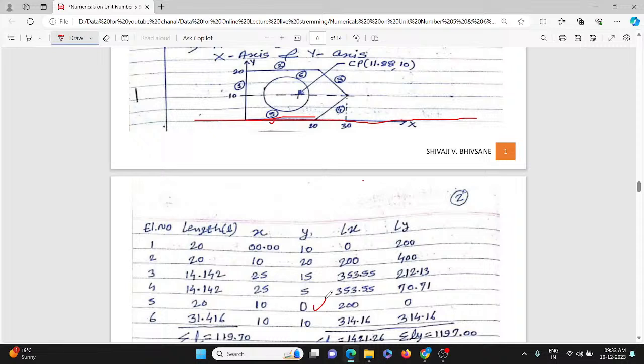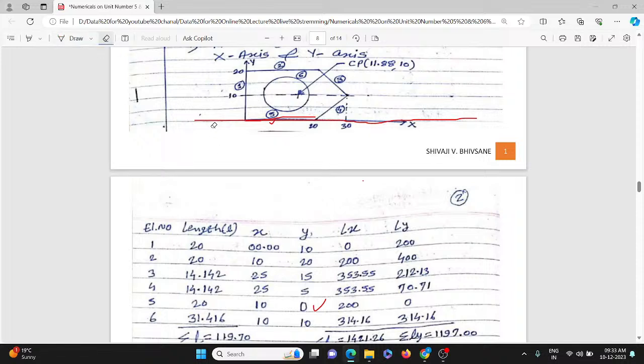So that is nothing but the y. Here this particular element is lying on the x-axis itself. So what is y here? Distance from x. How much is it? It is lying on the x-axis, so it is equal to 0.